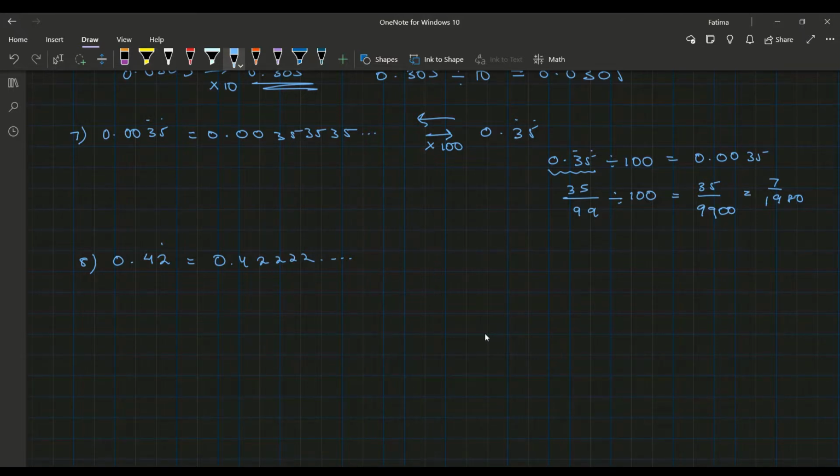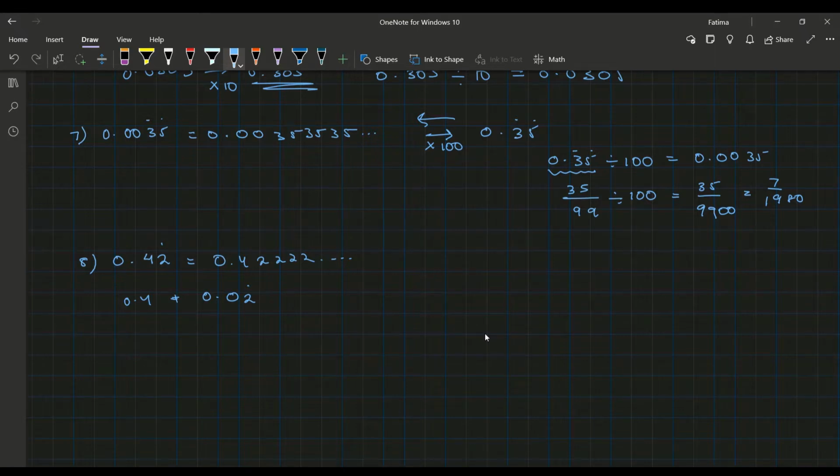So we can actually break this 0.42 down into smaller parts, which would be 0.4 and 0.02 with the dot on top of 2, because 2 would be the recurring part of the decimal. Now 0.4 can remain as it is for now, and 0.02 is what we would have to convert into fraction form first.